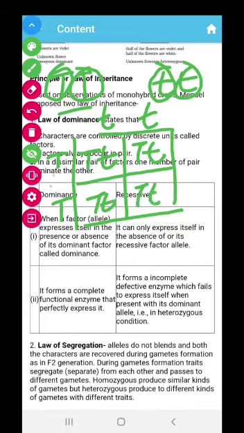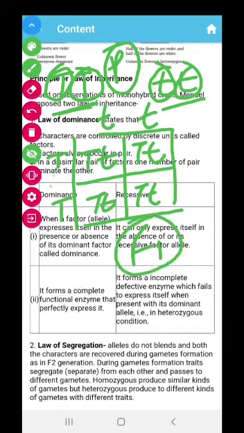And remember, these were the parental generations. This tall plant and short plant, this was the parental generation. And what we are getting now after the combination is known as the F1 generation. These all are four children of the F1 generation.